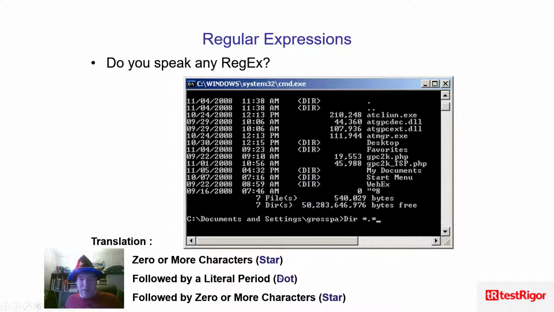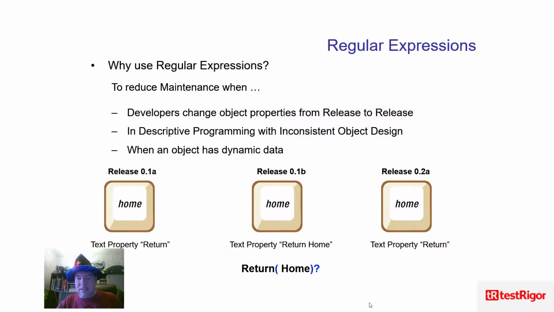A period is, in this case, a literal period, but that is different in regular expressions. We'll get to that. And then followed by another star. So this is basically saying, find me any character, follow it with a dot with another character, and it will find everything up there that has a character with other characters after it. That's your basic. You've already got at least 2 of these guys down here, and let's go on.